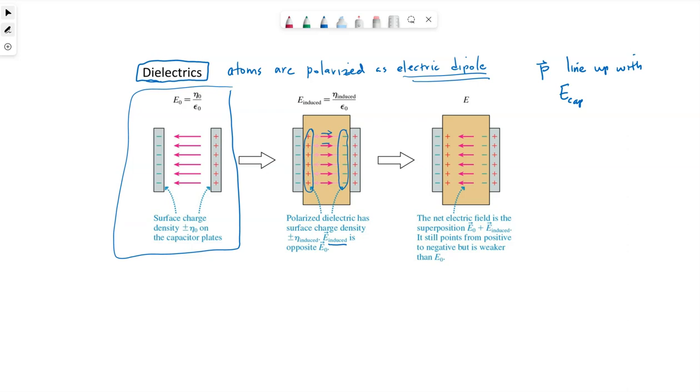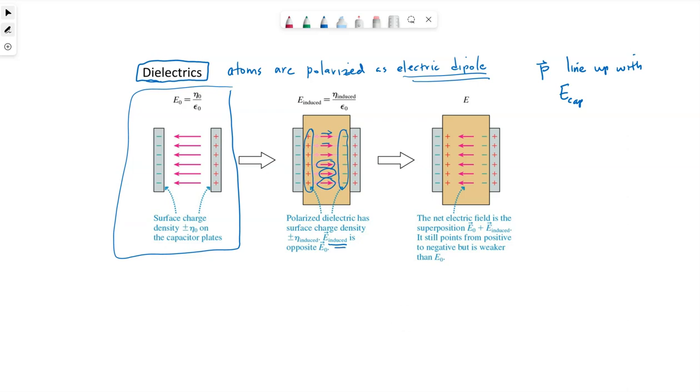That's what they're labeling here. So these arrows are representing the actual electric field now that's been created because this dielectric material is polarized. And that E induced is what we're calling that.